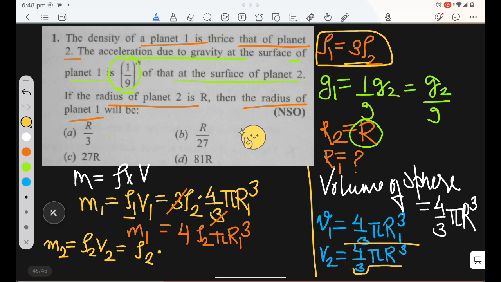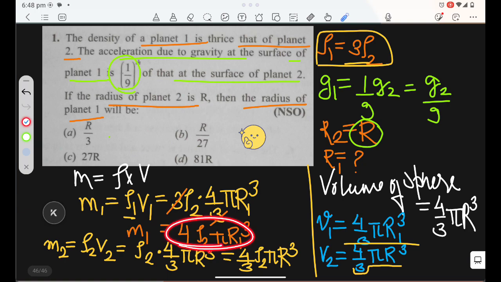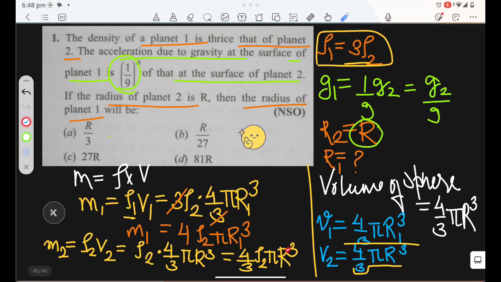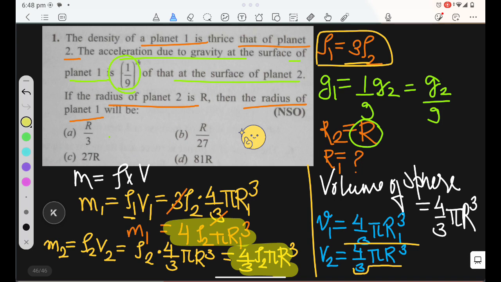So this will become 4 by 3 rho 2 pi r cube. Now these two are important, this m1 and this m2.